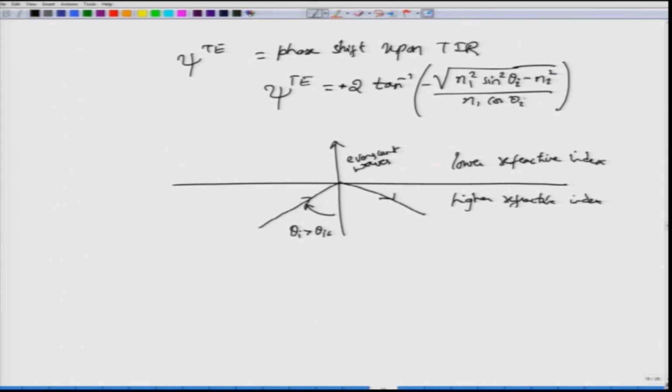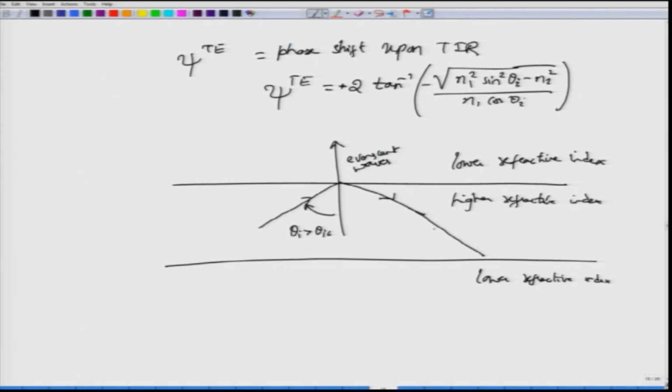But what I have achieved is a very remarkable thing. When light is incident at an angle, the entire light gets reflected back. That means if I can somehow engineer another layer of interface here with a lower refractive index and cause this wave also to be at an angle greater than the critical angle, then this light would be reflected further back, right.